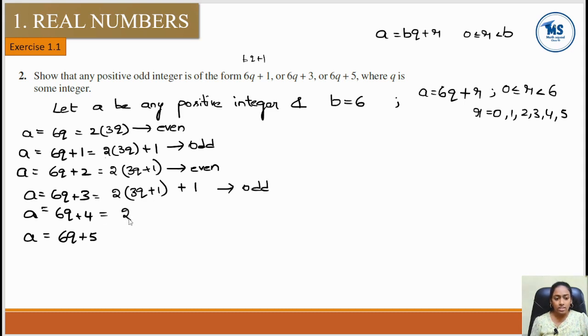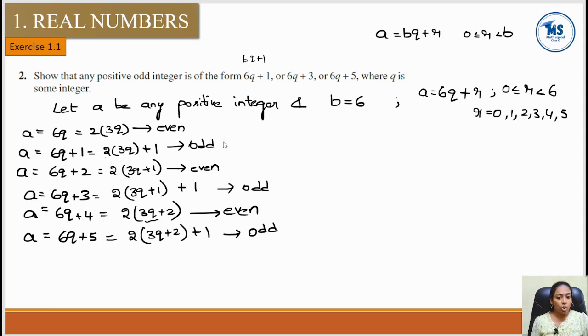For 6q plus 4, I'll take 2 in common, 2 into 3q plus 2. 2 into something is always even. And 6q plus 5, I'll write it as 2 into 3q plus 2 plus 1. This will be an odd number. 2 into something plus 1 is always an odd number.